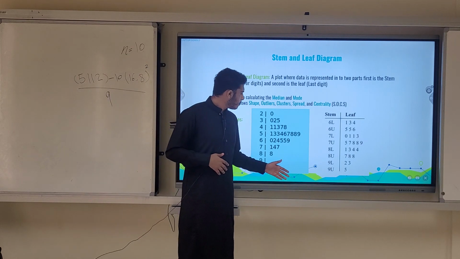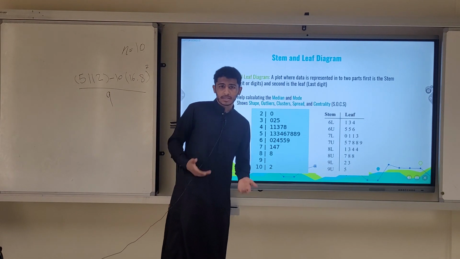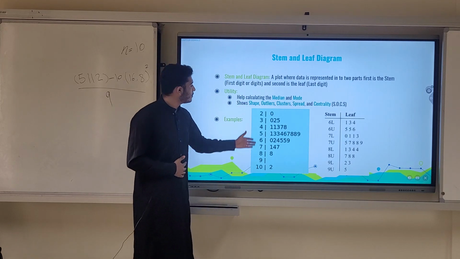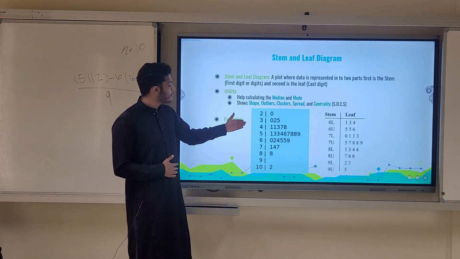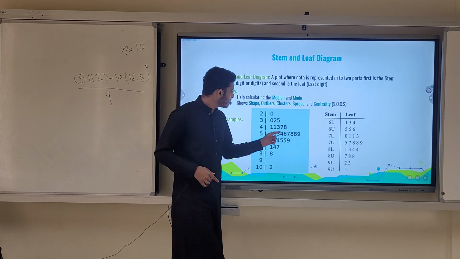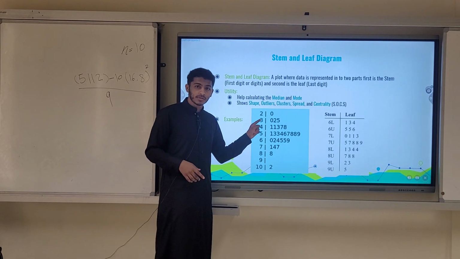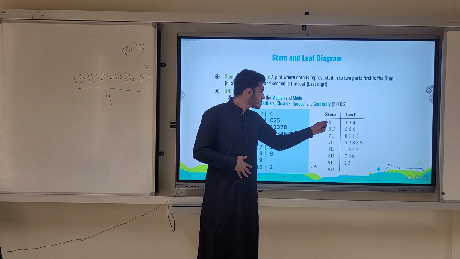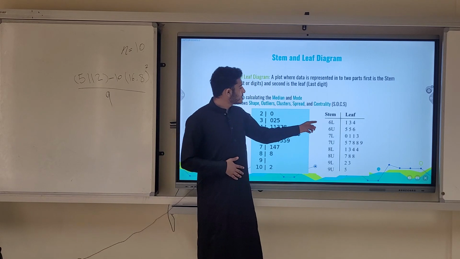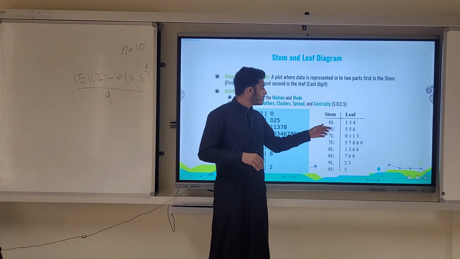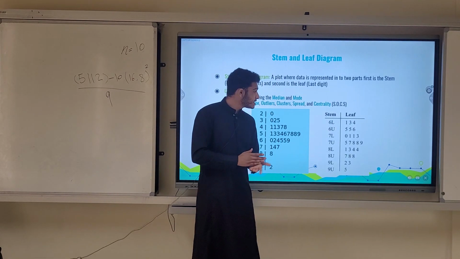Well, there are multiple ways to write the stem and leaf diagram. Here we took an example of having a value in the tens and maybe in the hundreds, and you stick one number to it. We can even further divide the tens or the hundreds if we would like. So for example, here this 6L is the lower part of the 60s, where we have the values from 60 to 64.